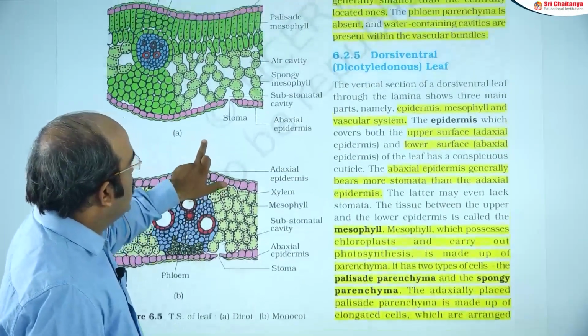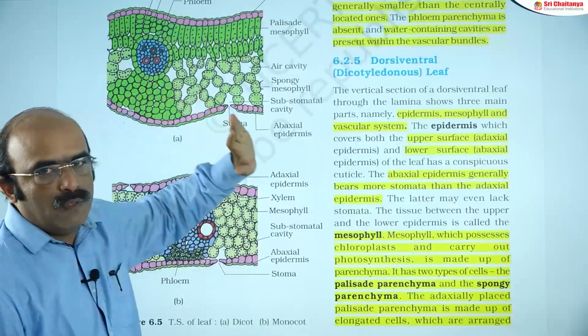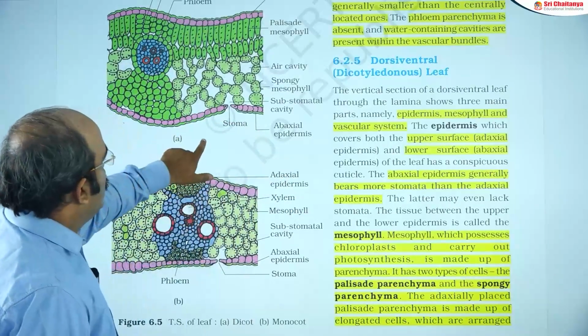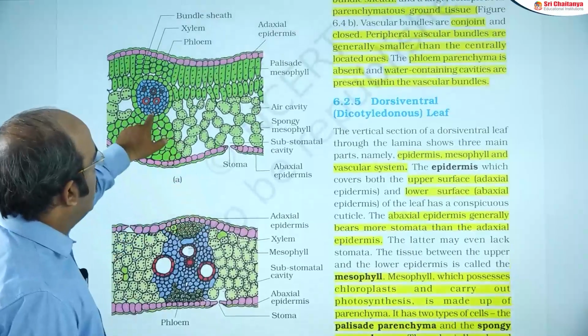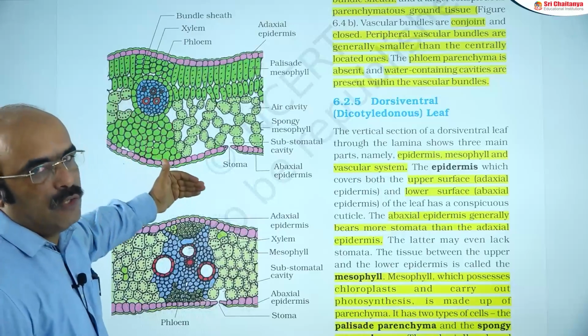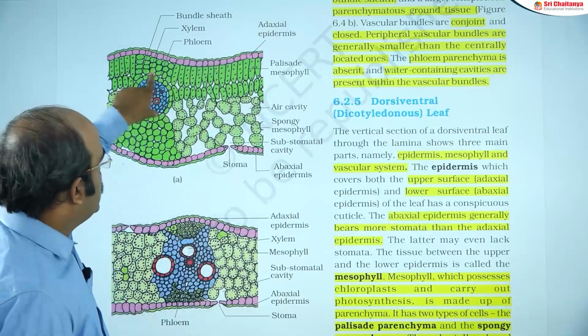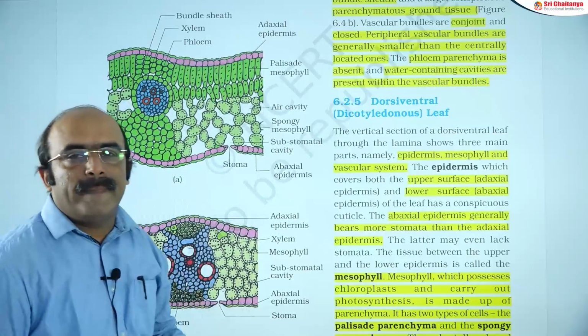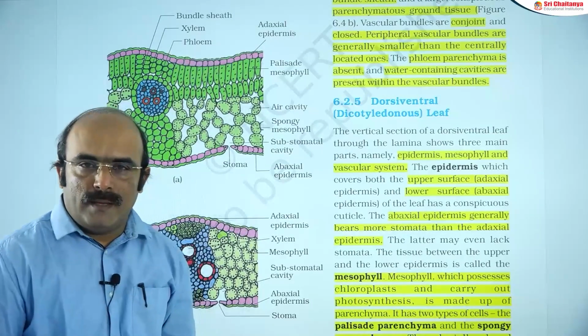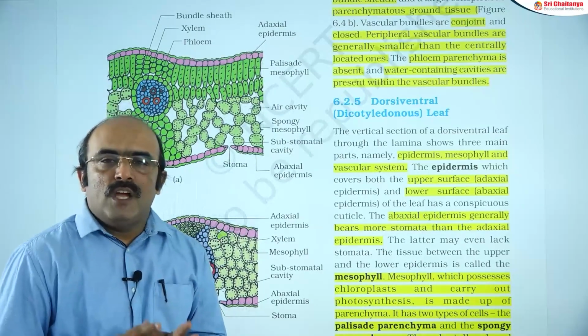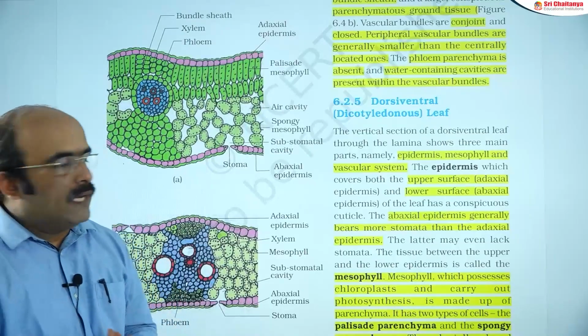And similarly, now coming to the vascular bundle, before we go to the monocot leaf, you could see that in the vascular bundle you have phloem towards the lower epidermis, xylem towards the upper epidermis, and each vascular bundle is surrounded by a bundle sheath and there is no cambium. So it is a conjoint, closed type of vascular bundle.